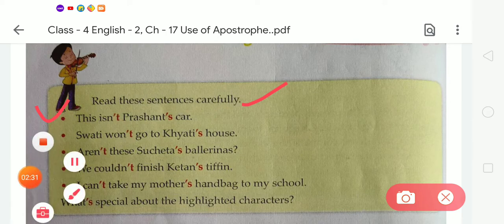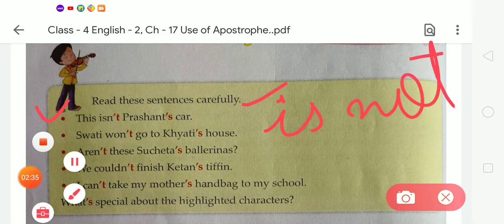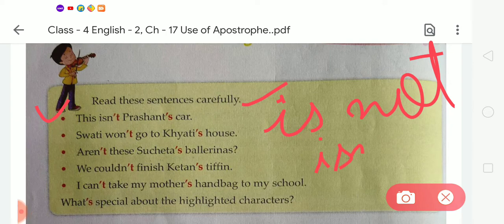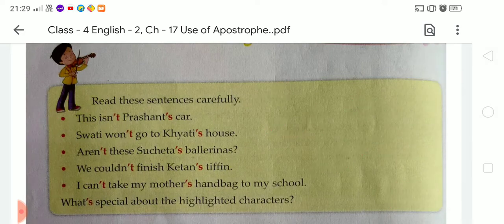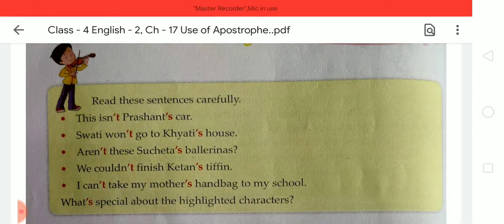Is not is the full form, and when we shorten it, it becomes isn't. And Prashant's car means that the car belongs to Prashant.